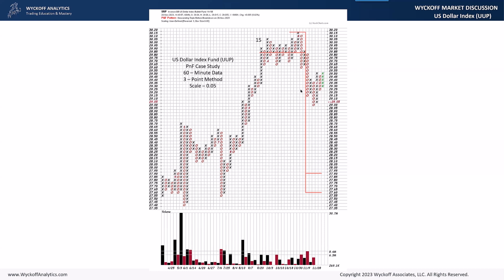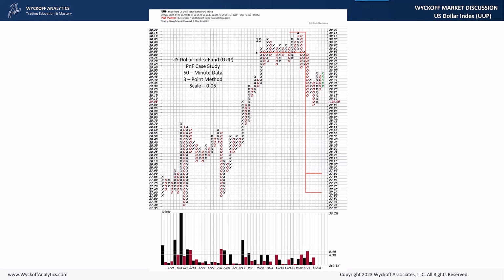Notice here how you're getting this attempt to consolidate and rally below this critical resistance at 29.65. It wouldn't surprise me, as Blake had pointed out, that there could be more rally coming in the dollar, but from a position of vulnerability.